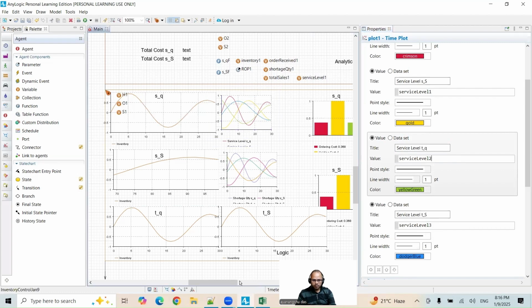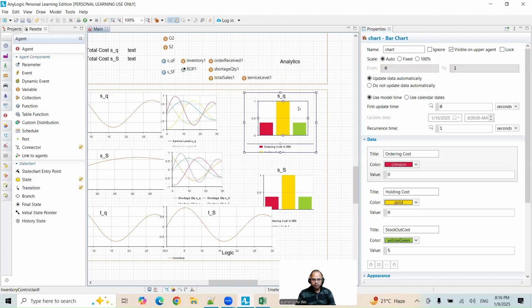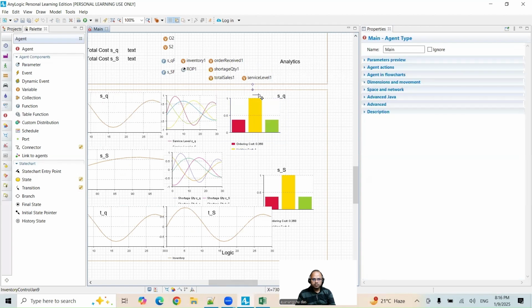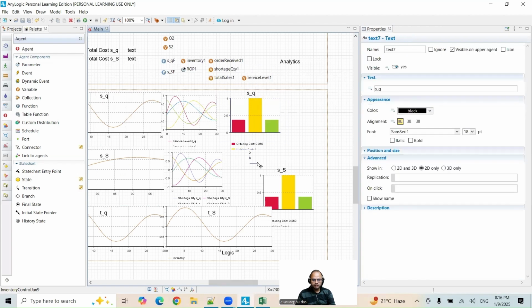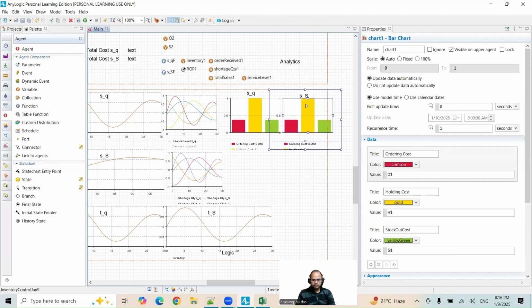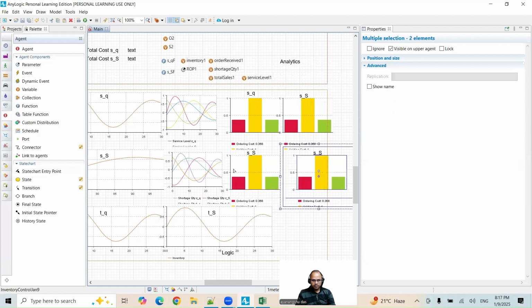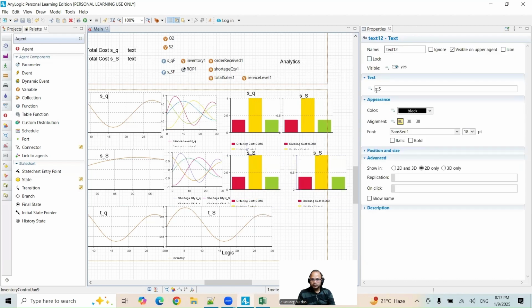And we will also want to update the bar charts. I mean, add the bar charts for the particular TQ and TS costs as well. So we'll adjust a bit here, add two more bar charts. So this will be the TQ, and this will be TS.